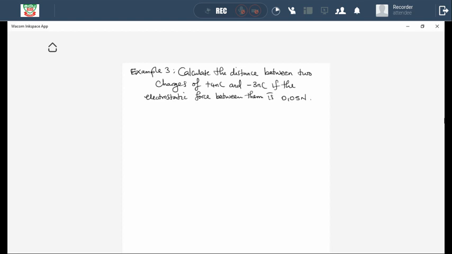So if I read it for the second time, calculate the distance between two charges of plus 4 nanocoulomb and minus 3 nanocoulomb if the electrostatic force between them is 0,05 newtons. So here I'm given the two charges and the force itself. So we are looking for distance, which is R. Right. At least the question is making sense.